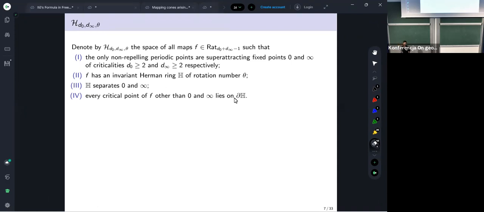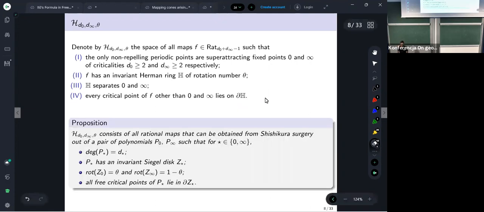Okay. There is a reason why I introduced this space, the curly H. This is not unnatural. If you're more familiar with the Shishikura surgery, then I have this proposition for you, which is that this curly H space actually consists of all rational maps that can be obtained from the surgery procedure out of a pair of polynomials, p0 and p infinity, such that the degrees of these polynomials are d0 and d infinity.